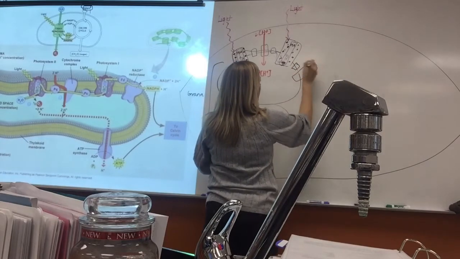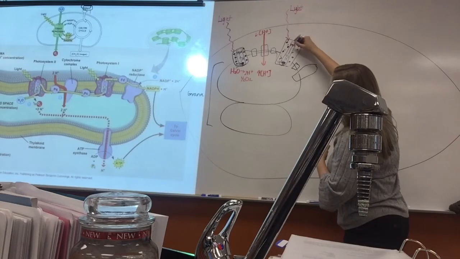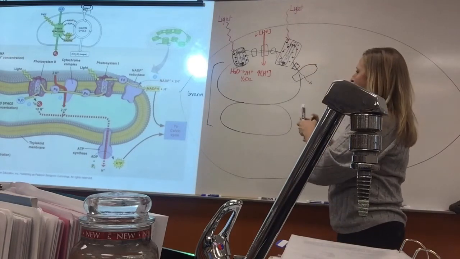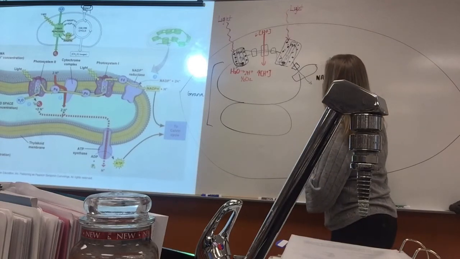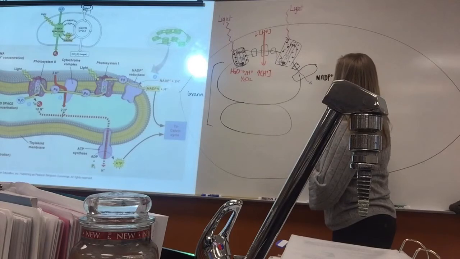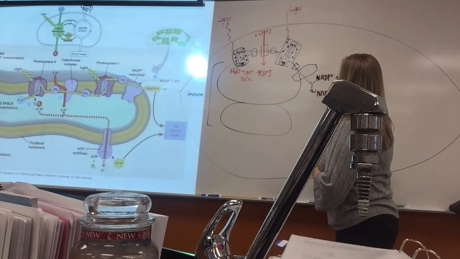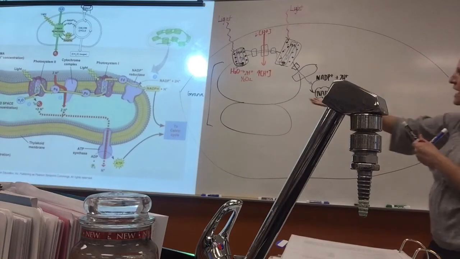And then show that my electrons went up to the primary electron acceptor, now coming through here, and are going to meet up with NADP plus and 2 H pluses, and make NADPH. And this is one of the main things we want to get out of the light reactions. All right, so that's that.